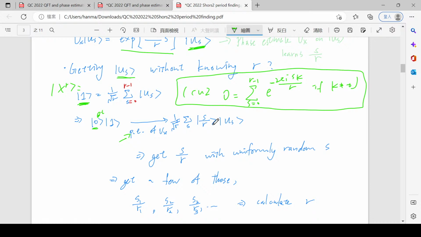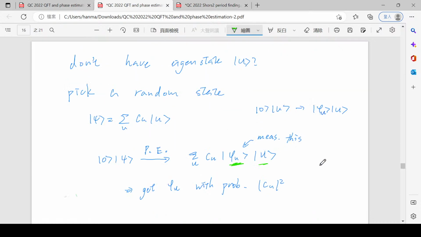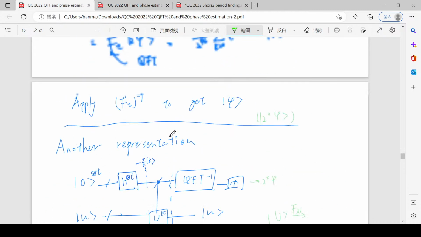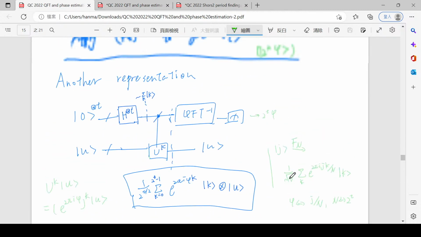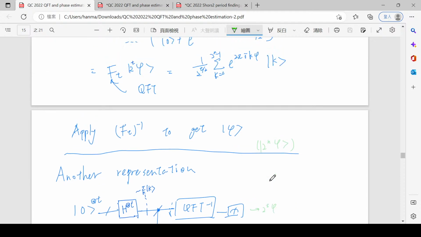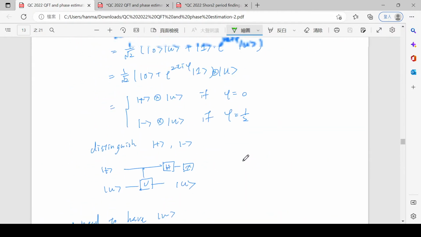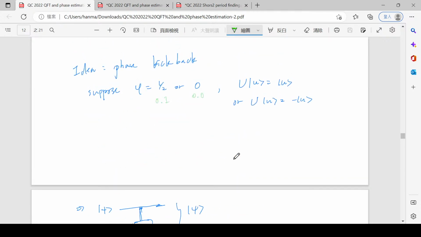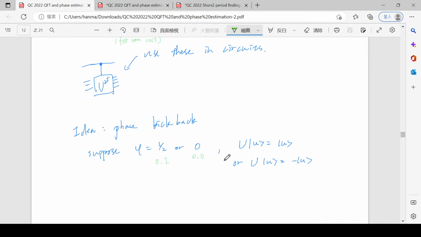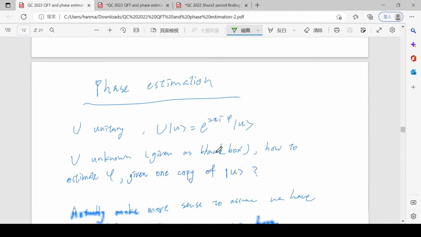Where's that 2 pi i? It's just the definition of phase estimation. When we say we do phase estimation, we basically define it this way: phi is always a number between 0 and 1, so we are ignoring 2 pi.